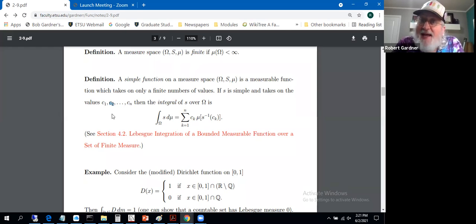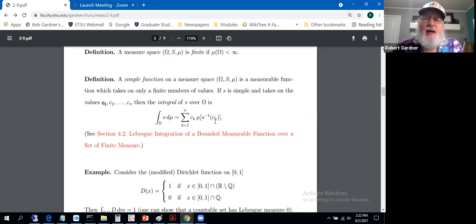If those sets happen to be intervals, then we're looking at something like a step function. The idea is those sets on which the function takes on, say, the value c1, that's going to be a measurable set. Treating s as the function, that set would be s inverse, the inverse image under s of c sub k.